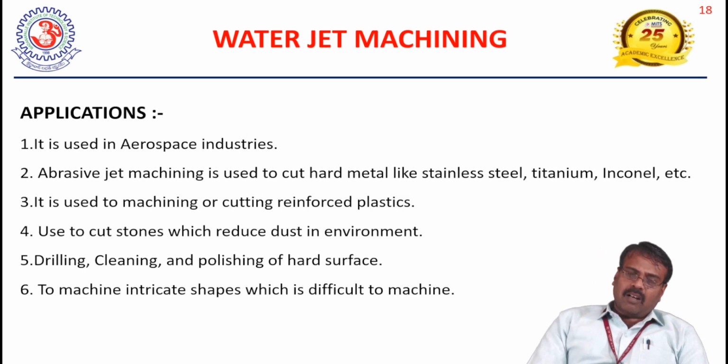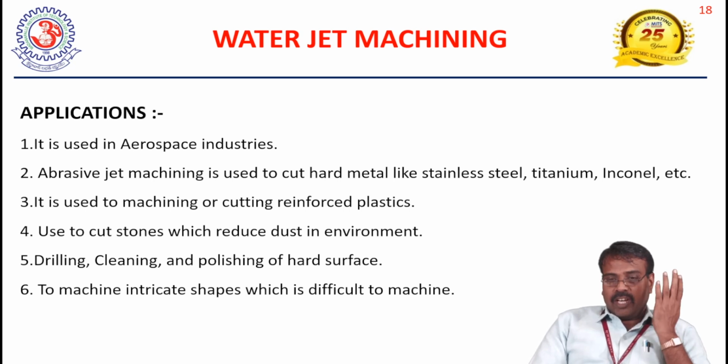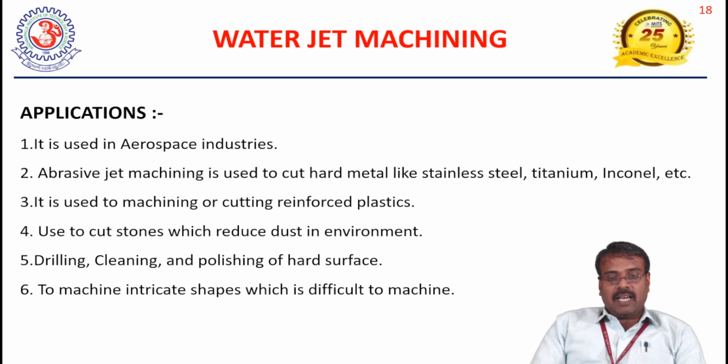Now, what are the applications of this water jet machining? It is used in aerospace industries, as I told previously. Abrasive water jet machining is used to cut metals like stainless steel, titanium, and Inconel alloys. It is used to machine or cut reinforced plastics very easily.